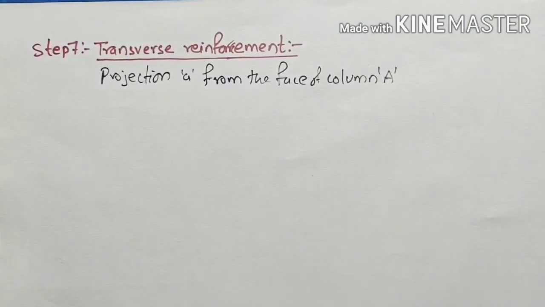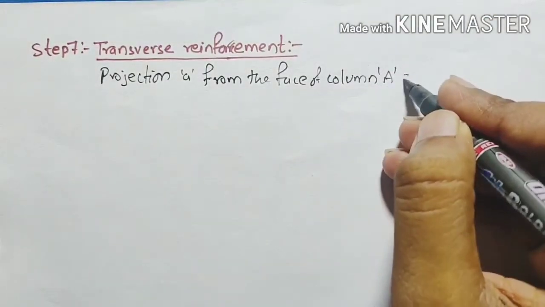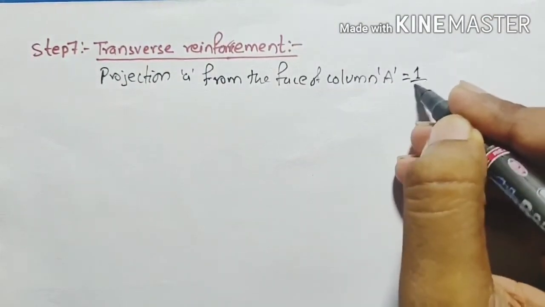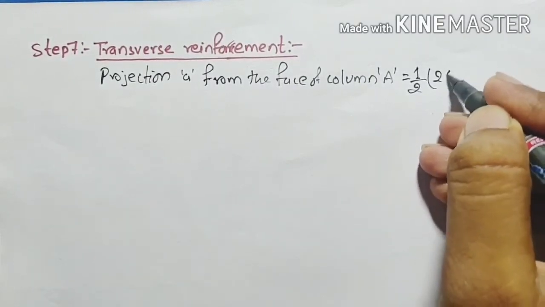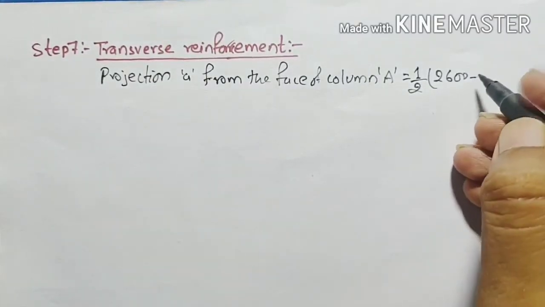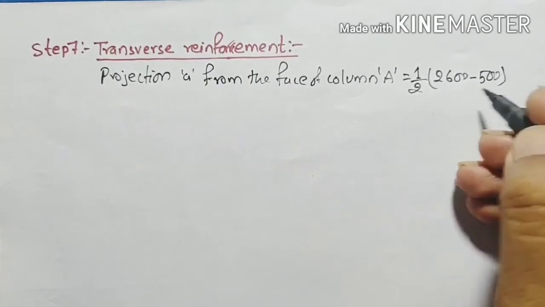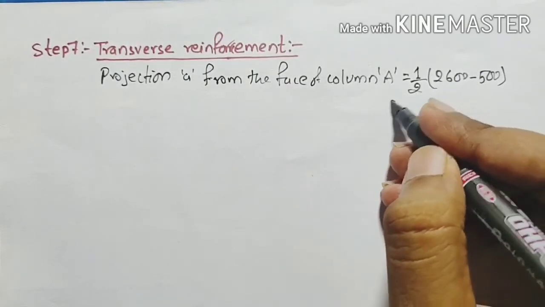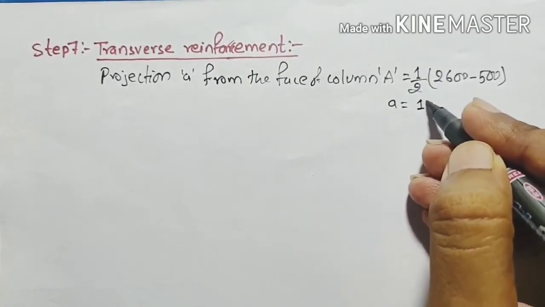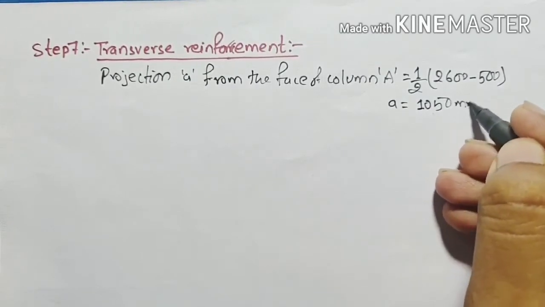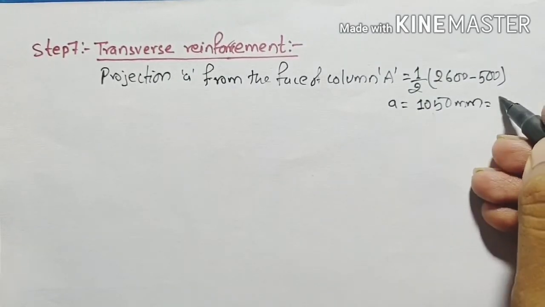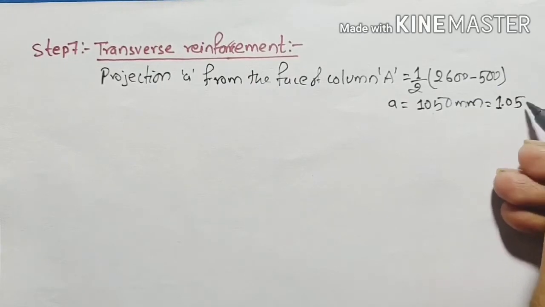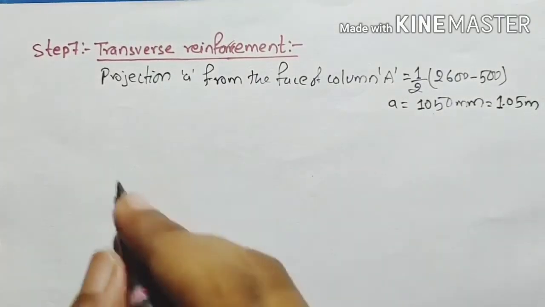So we will have here projection value equals 1 by 2 times 2600 minus 500. So we will have here a equals 1050 millimeter or 1.05 meter for column A.